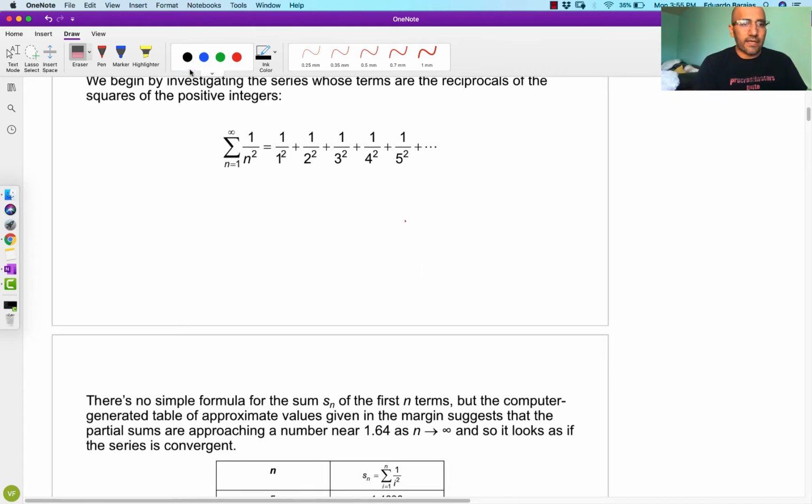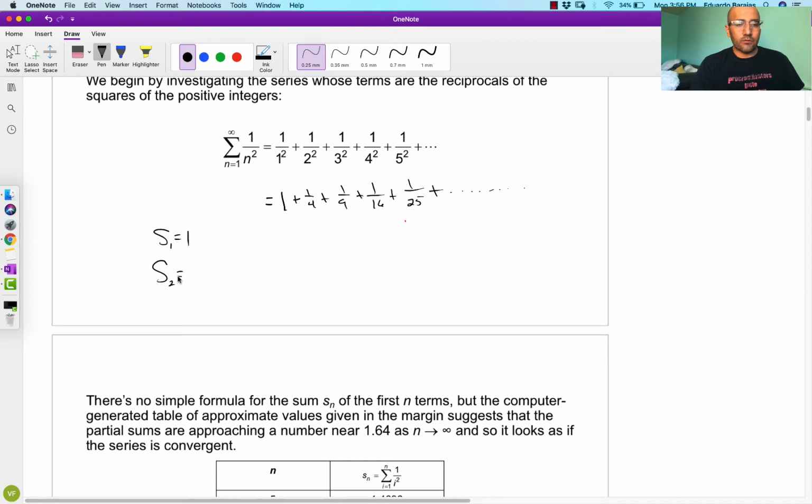Well, like I did a second ago, let's just simplify these a little bit. So this is 1 over 1, just 1, plus 1/4 plus 1/9 plus 1 over 16 plus 1 over 25 plus... Okay, so if we look at the partial sums and begin to build these up, S sub 1 is just going to be 1.